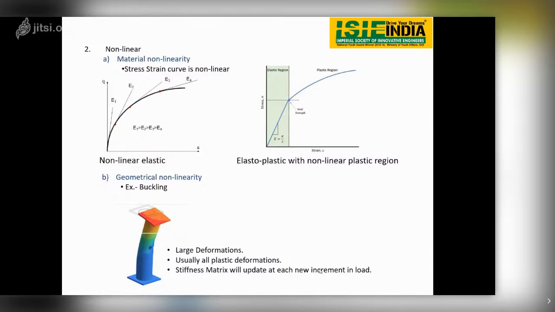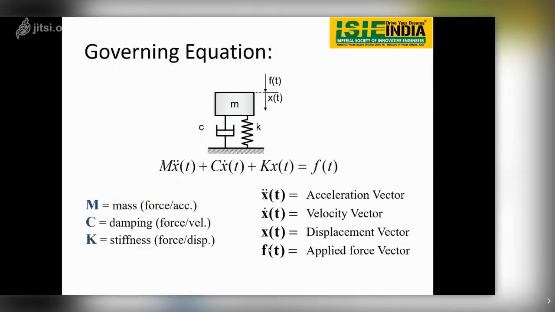So when deformation is increasing, the stiffness matrix is changing, and the updated stiffness matrix has to be considered, similar to how we calculate true stress and true strain compared to engineering stress and engineering strain. After taking the updated stiffness matrix, geometrical non-linearity is considered, which gives more accurate results compared to the geometrically linear problem.